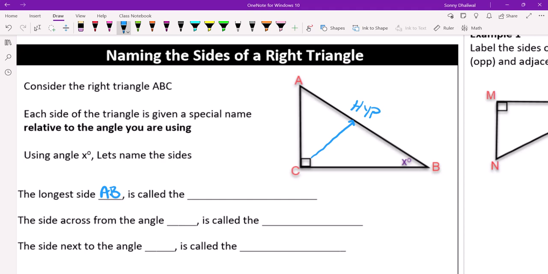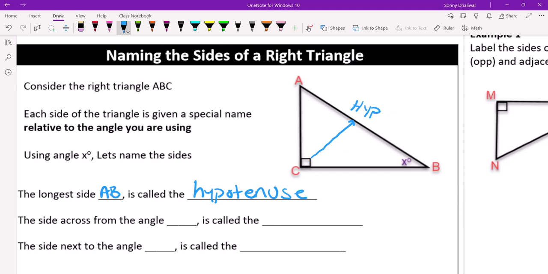So the side AB is between the letters A and B, right? And this is called a hypotenuse. HYP OTENUSE. Hypotenuse.